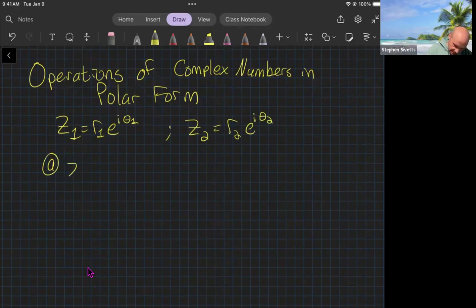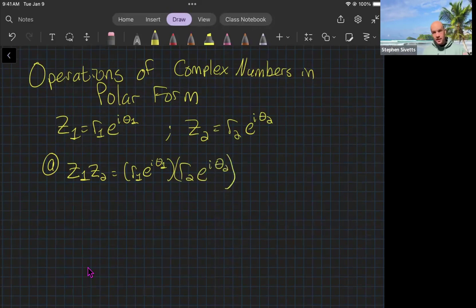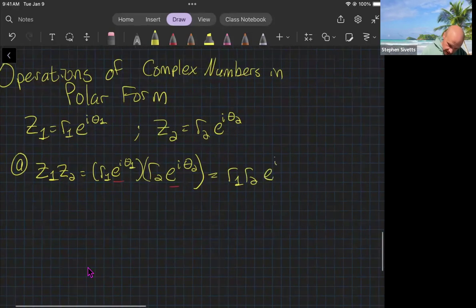Then Z1 times Z2, well, that is equal to R1 e to the I theta 1 times R2 e to the I theta 2, right? And then we're just going to use properties of exponents to combine the exponentials here, right? And then what this equals is R1 times R2 times e to the I theta 1 plus theta 2.